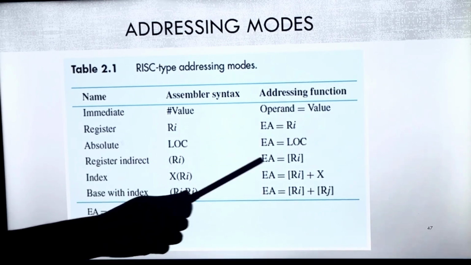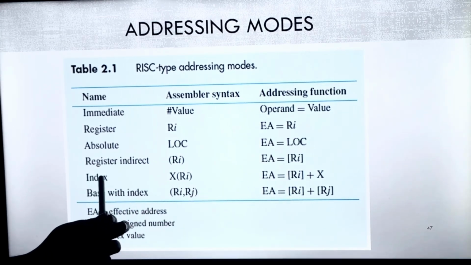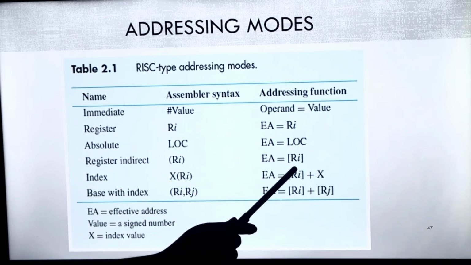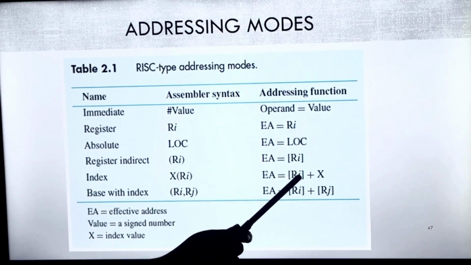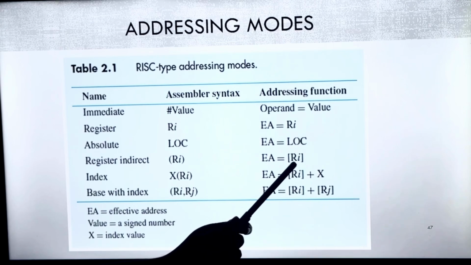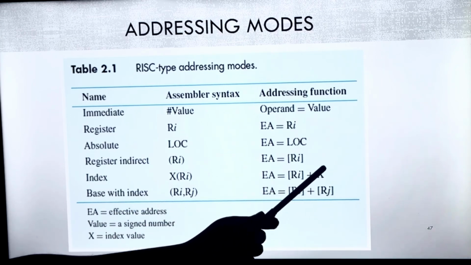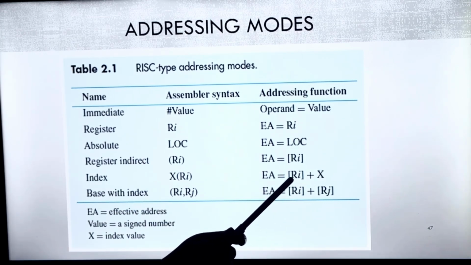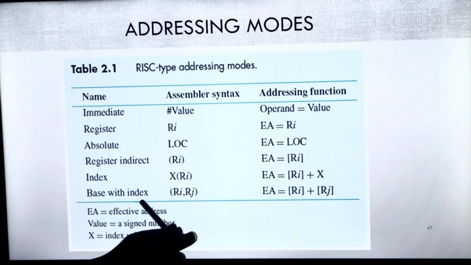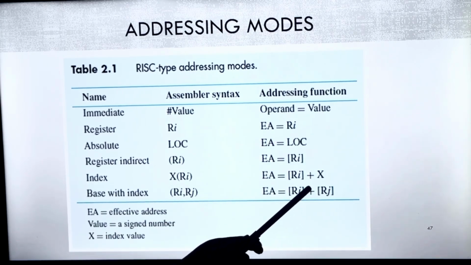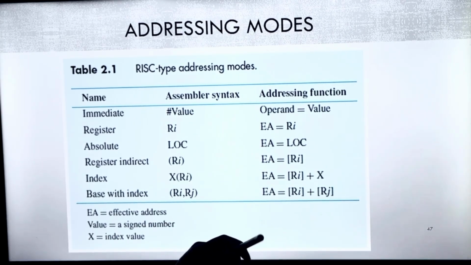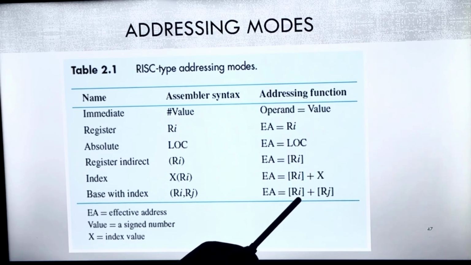For absolute mode, I will go to the memory location to get the effective address. For register indirect, what will I do? I will go to the location mentioned inside Ri. Ri is not the direct address, but inside Ri we have the actual address. Index: the offset plus the first address. Base with index: the offset which is stored in some other register, and the first address which is also stored in some other register.